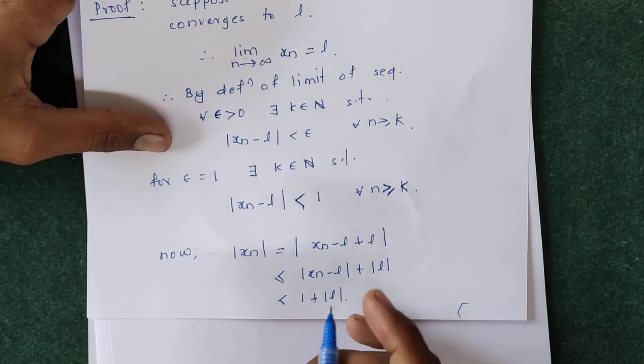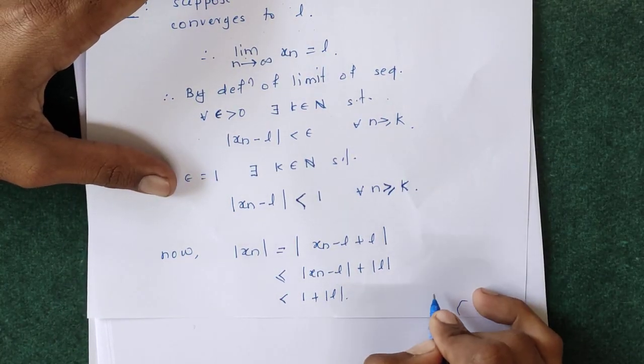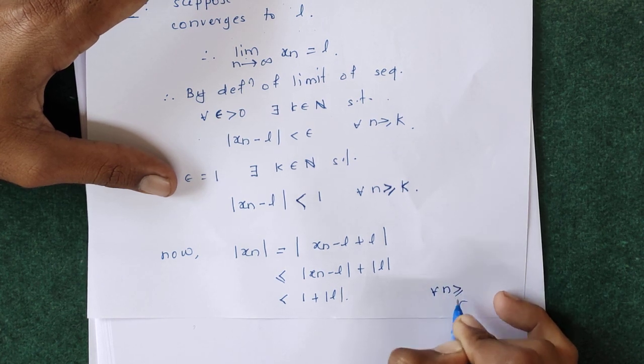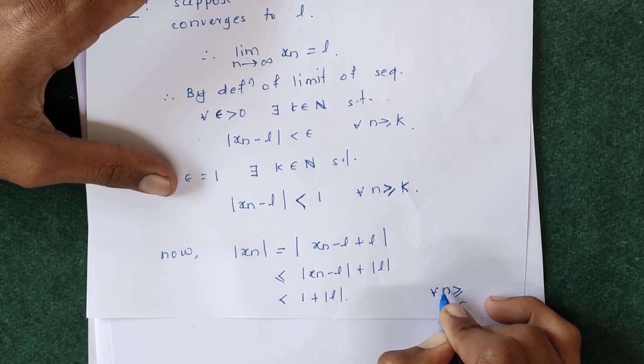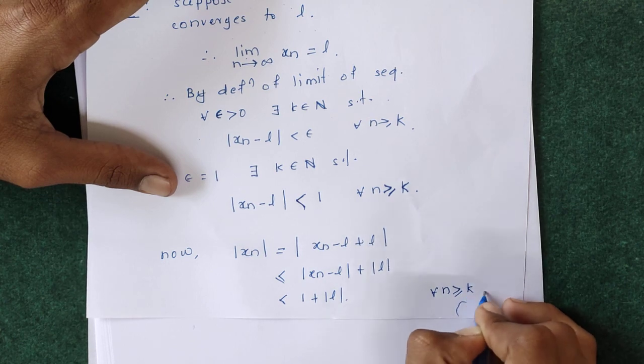Here, mod of xn is less than 1 plus mod L only for those n for which n is greater than or equal to k.